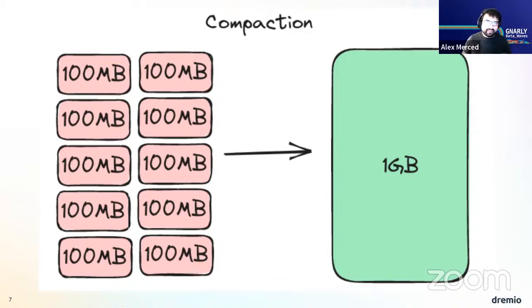So you're reducing those read operations, those open operations, and those close operations. So that's compaction: take small files and turn them into big files. I'd rather have just one big file instead of 10 small files. I'm going to speed up that query because there are again fewer file operations.